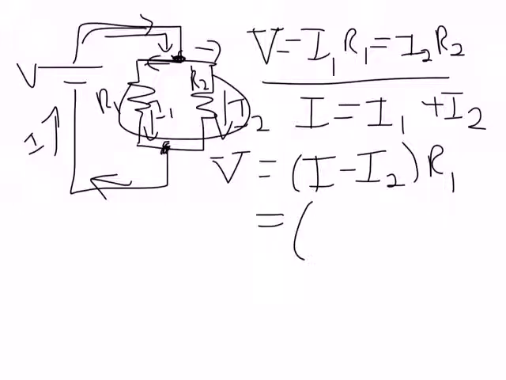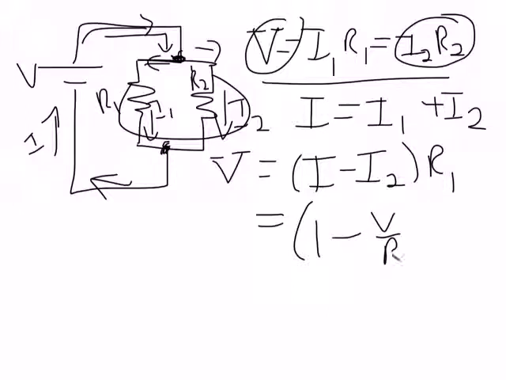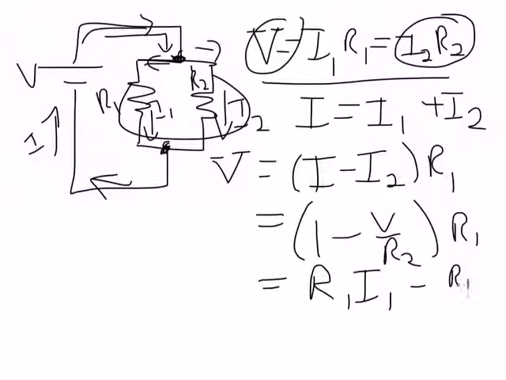And from this, we know that I2 is really V over R2.